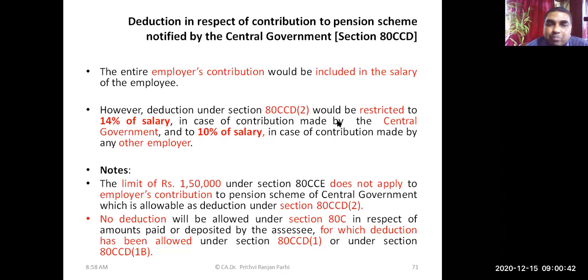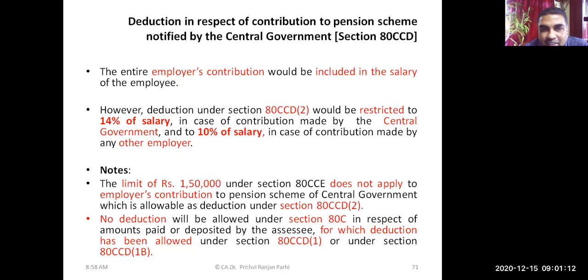So the entire employer's contribution should be included in the salary of the employee. However, deduction under section 80CCD2 will be restricted to 14% of the salary in case of contribution made by the central government.